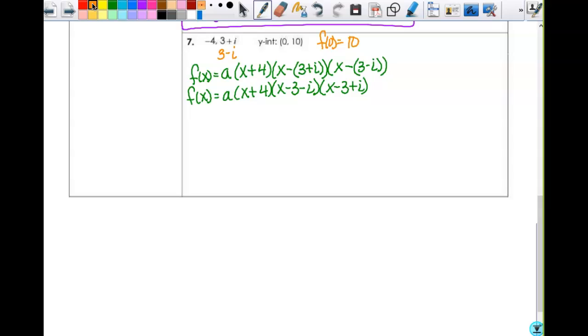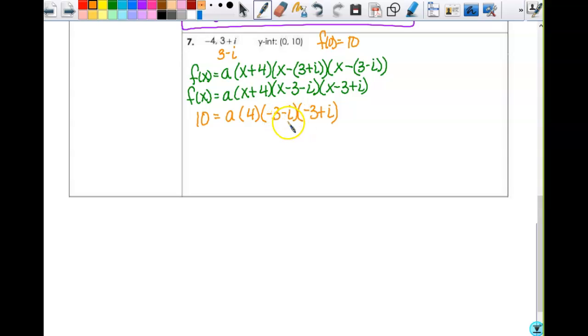All right, so now I'm going to substitute in my y-intercept. So I get 10 equals, I have a times 4 times negative 3 minus i times negative 3 plus i. So these little binomials here, again, are what kind of situation?